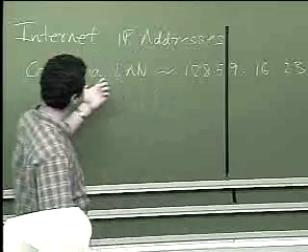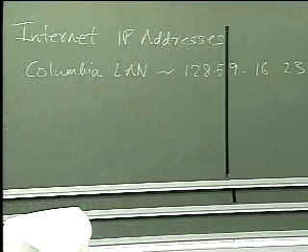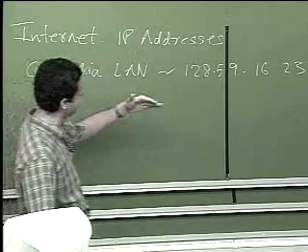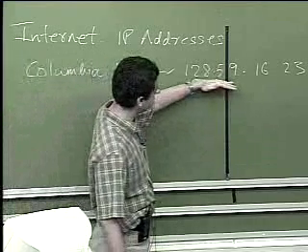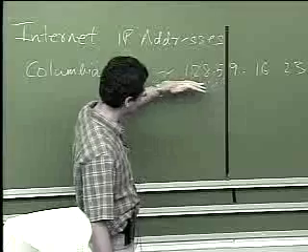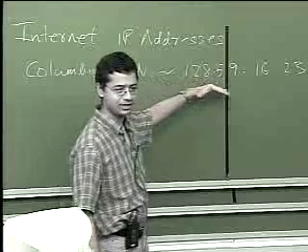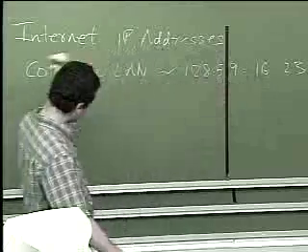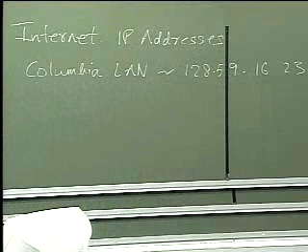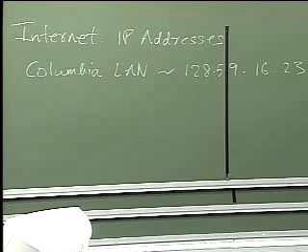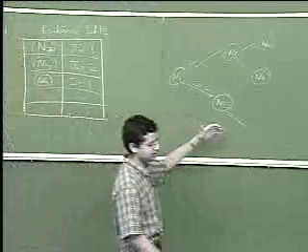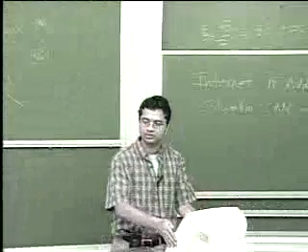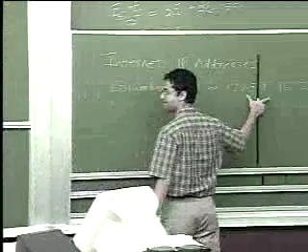So any machine on the internet has an address of this form, where you have a sequence of 4 bytes written out in this format. Now consider a router on the internet, and this router is trying to forward packets to this machine which has an address of this sort.